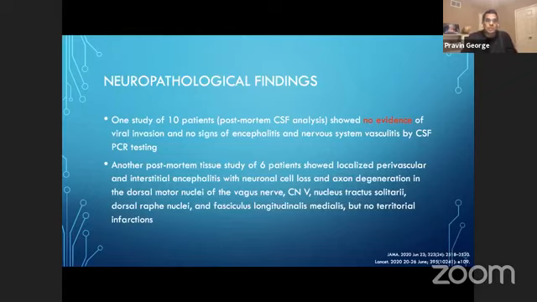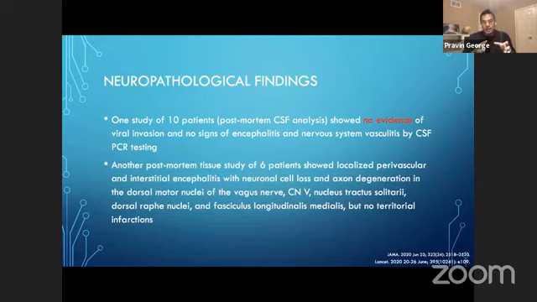Another postmortem tissue study of 6 patients actually showed localized perivascular and interstitial encephalitis with neuronal cell loss, axon degeneration in the dorsal motor nuclei of the vagus, cranial nerve 5, nucleus tractus solitarii, all of these areas with high levels of ACE2.